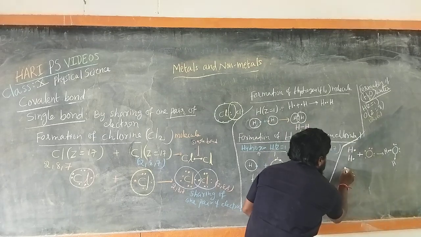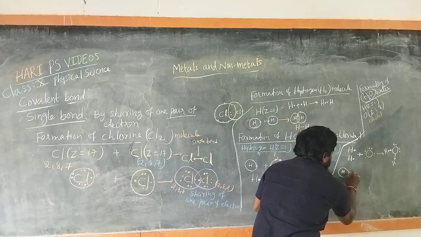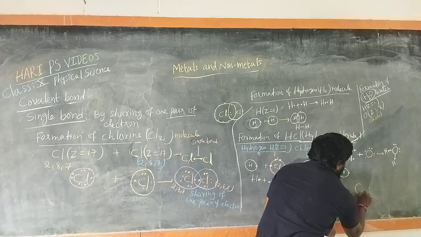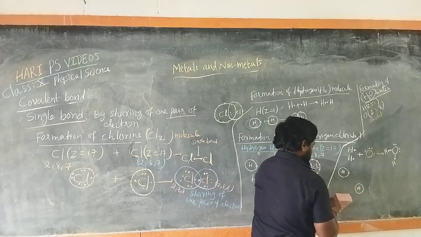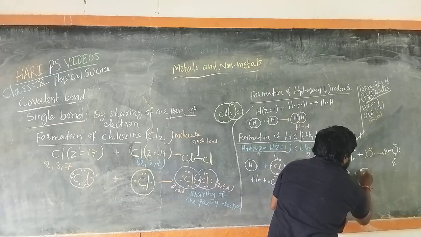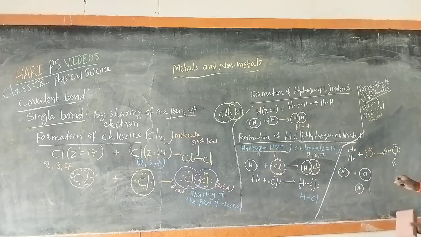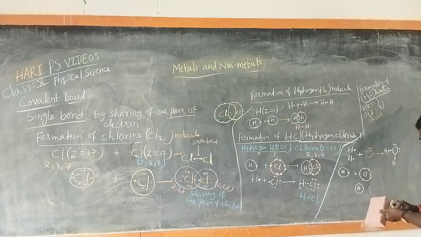So let's take it like this. Hydrogen, here one electron. Then here we have one more hydrogen with one electron, plus oxygen. So one electron, 4, 5, 6. These are combined and form like this.